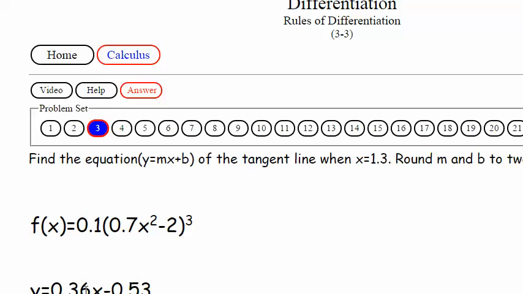I'm going out quite a few places when I use m to come up with b, and also to find y I do the same thing. So you need to keep that in mind. This way it agrees with this answer right here.